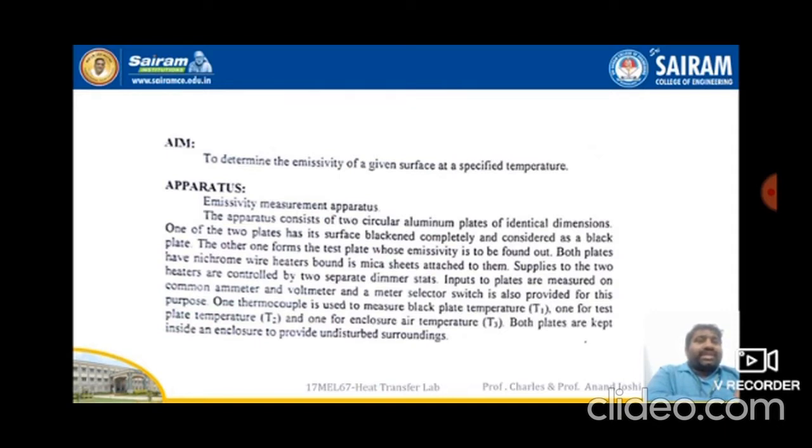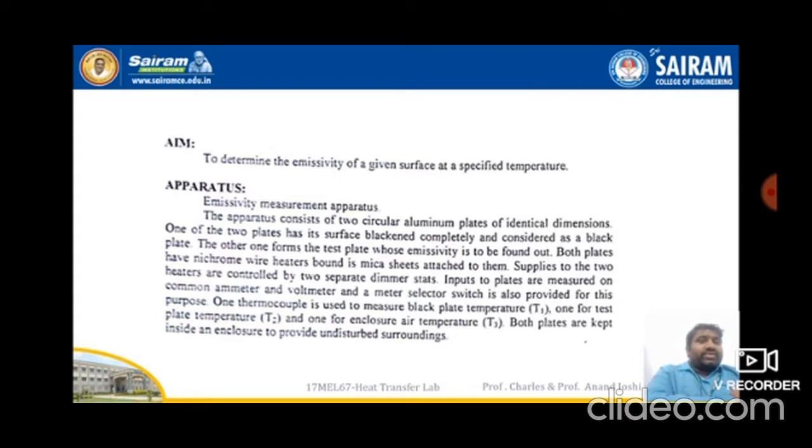A meter selector is also provided for this purpose. One thermocouple is used to measure the black plate temperature, T1, one for the test plate temperature, T2, and one more for the enclosure temperature, that is the air temperature, T3. Both plates are kept inside the enclosure to provide undisturbed surroundings.